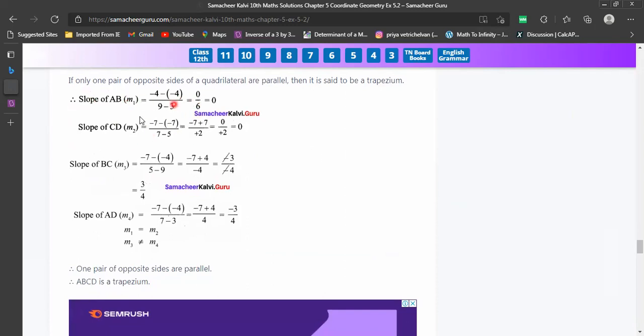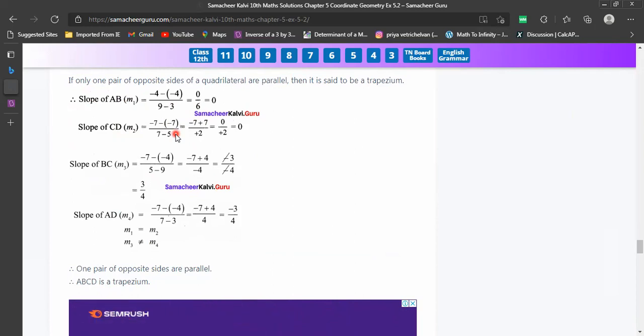So you're finding the value of M1 and M2. You know how to do it by using the y2 minus y1 upon x2 minus x1 formula. So you are getting the answer as 0 and 0 for M1 and M2. From that we can say M1 is equal to M2. Then you have to check M3 and M4 as well. For M3 you are getting 3 upon 4.